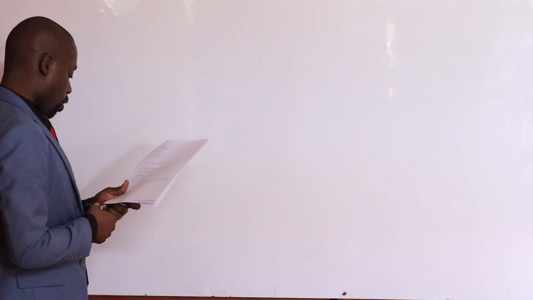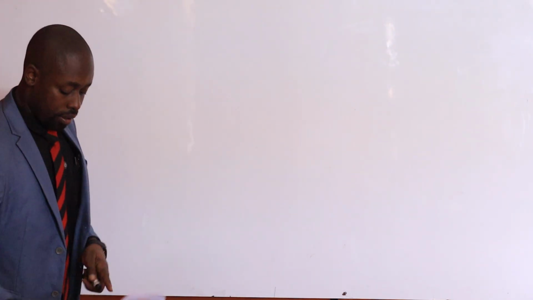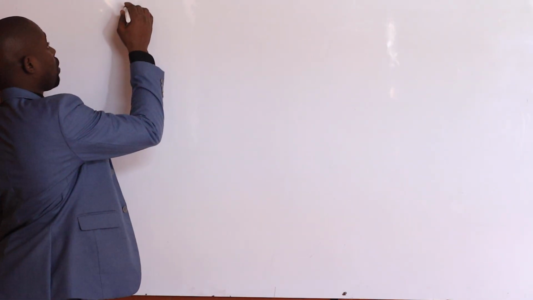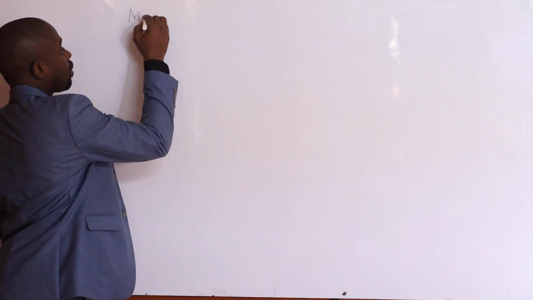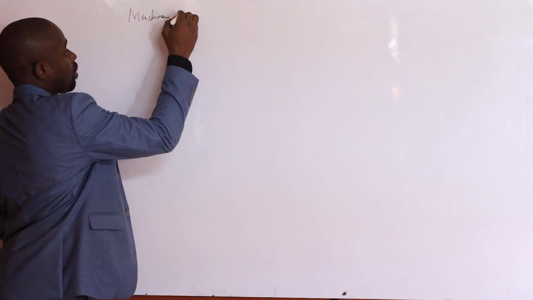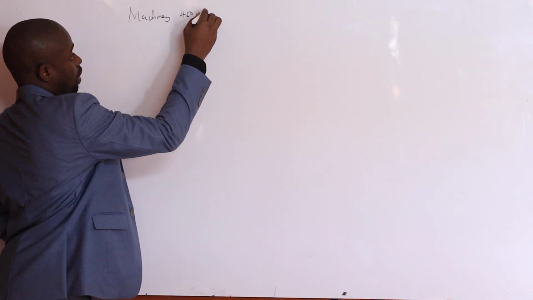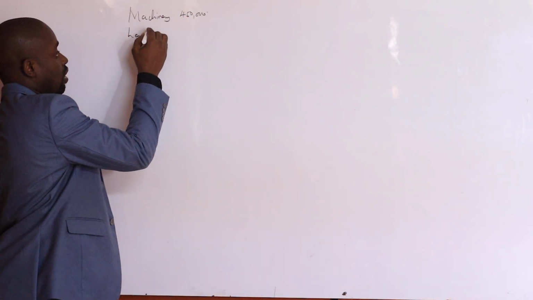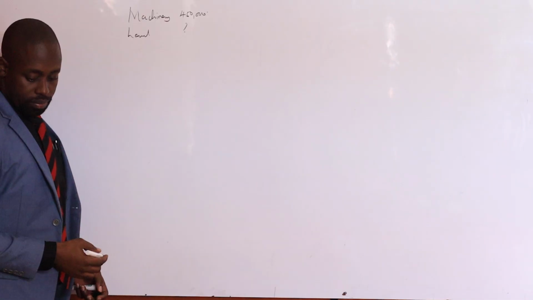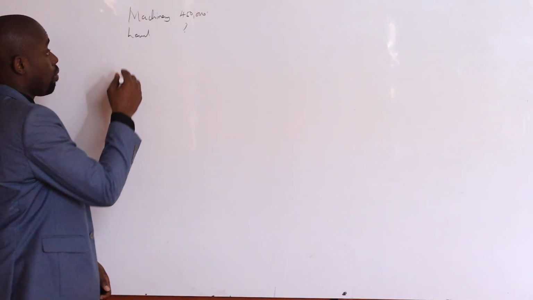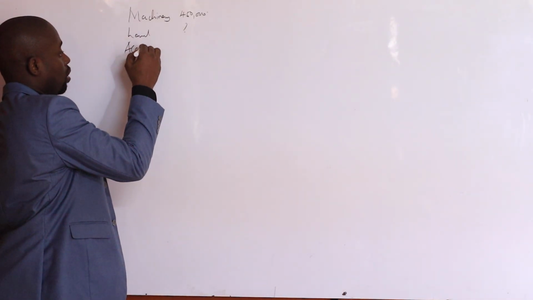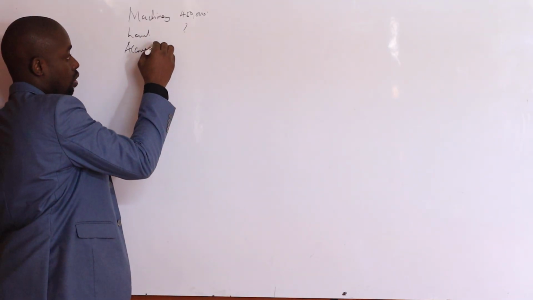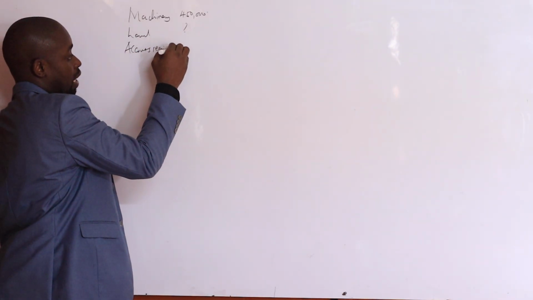We have this question here. Machinery is 450,000. You've got land, which has nothing. Next you have what you call accounts receivables, which is money held by debtors.